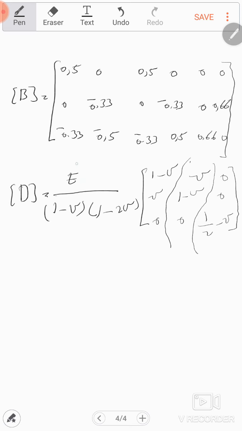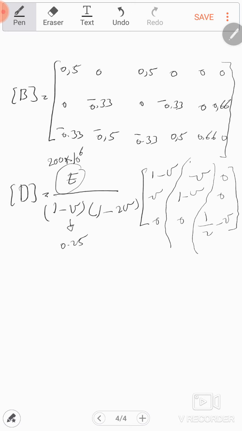E is given in the question, 200 times 10 to the 6th power, and the Poisson ratio is 0.25. That's all.